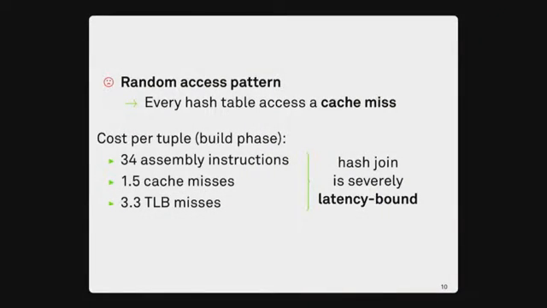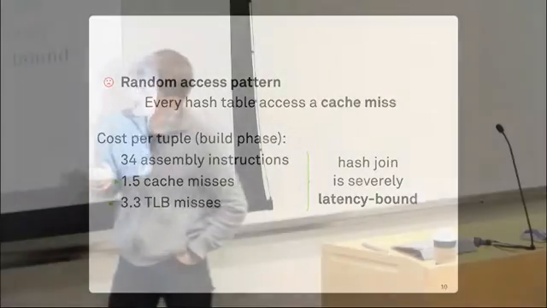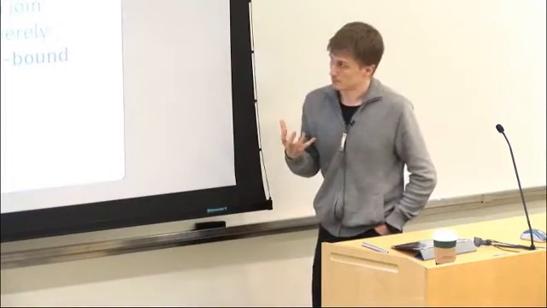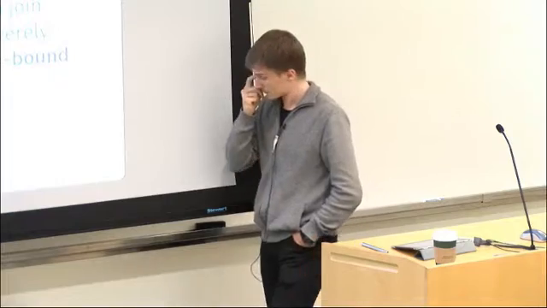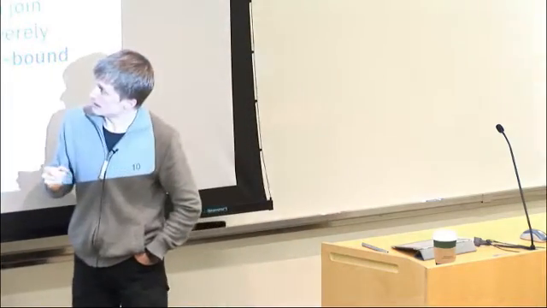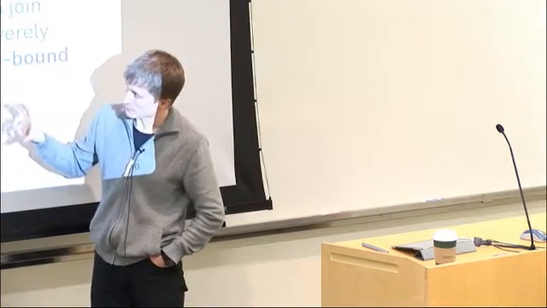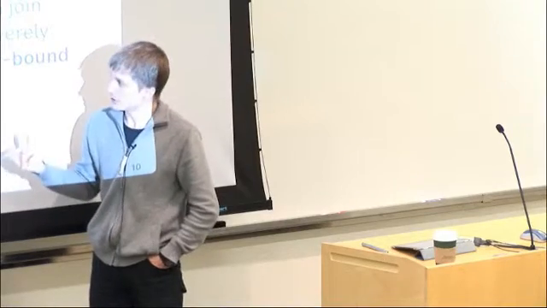So when you start analyzing the performance of that implementation on modern hardware, what you'll see is that the amount of work that you have to do per input tuple is actually extremely small.